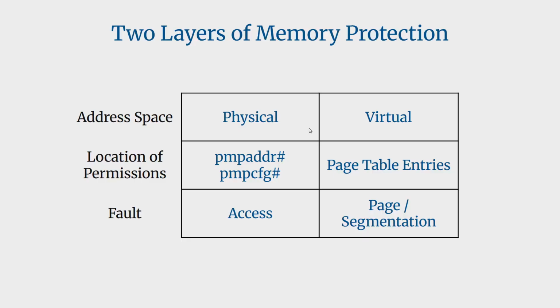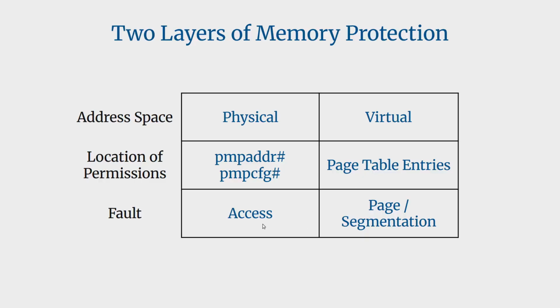The physical memory protection system is analogous to the protection provided by paging that you might have learned about in an operating systems course. The key differences are that the physical memory protection system operates on physical addresses instead of virtual addresses. The location of the permissions is in these control and status registers instead of page table entries.